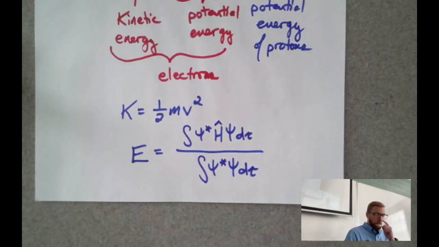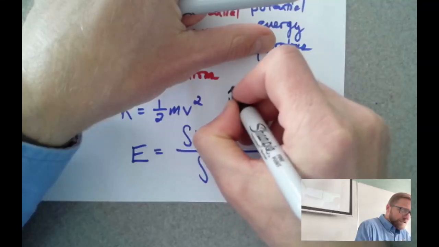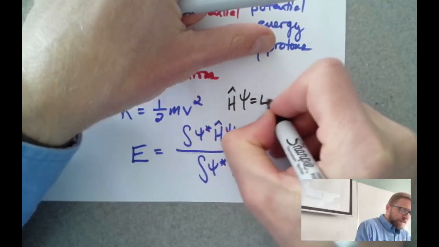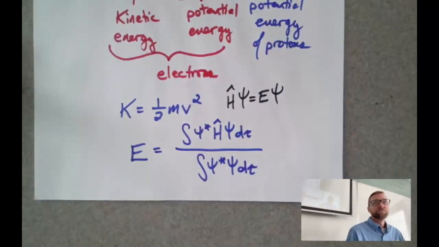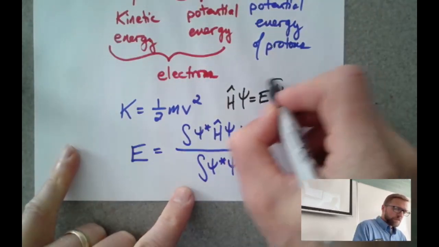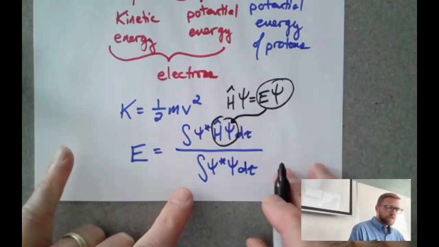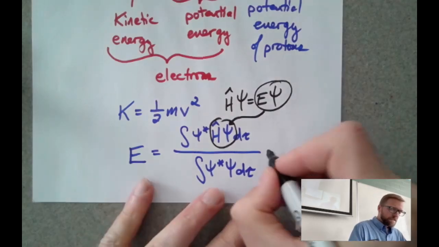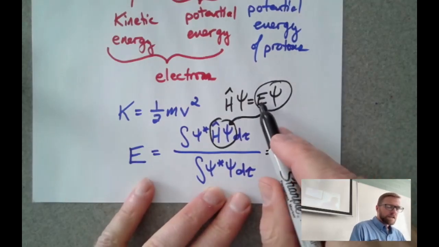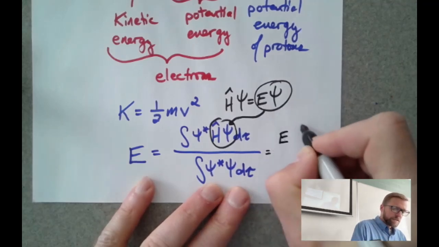If we want to look at this, we have Schrödinger's equation. So we can replace all of that right there. You solve for E. Then E is a constant. What can you do with constants? Pull them out of the integral. So you get this.